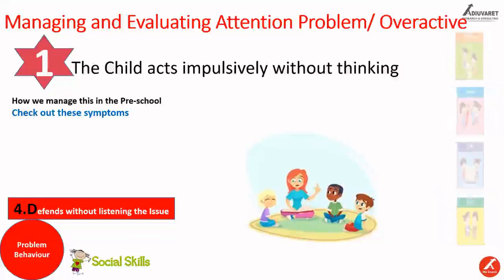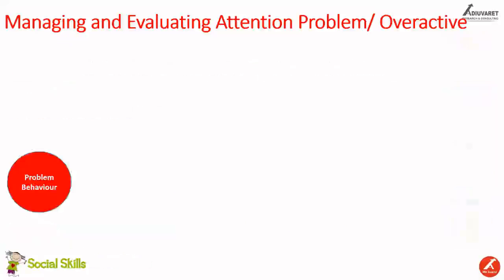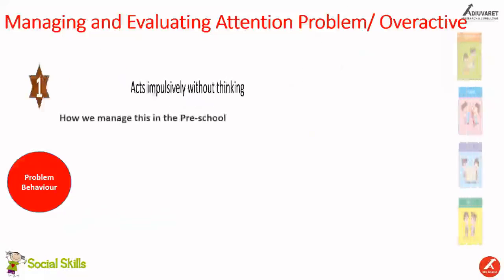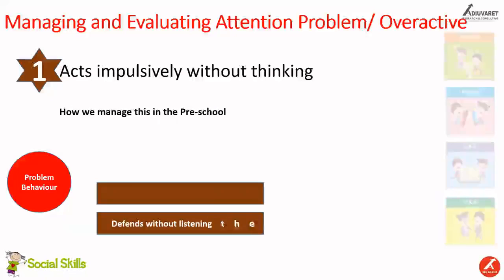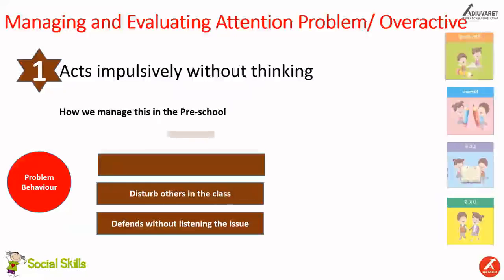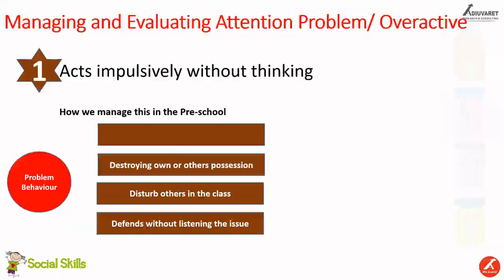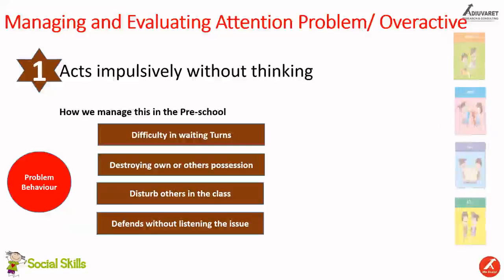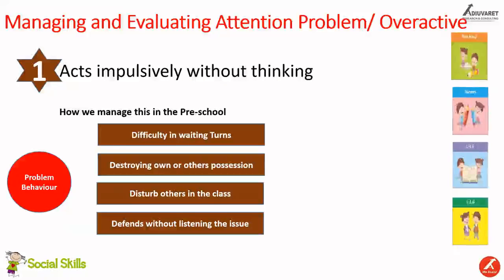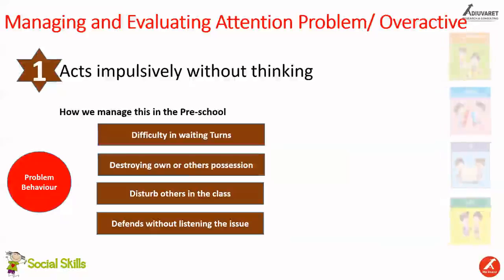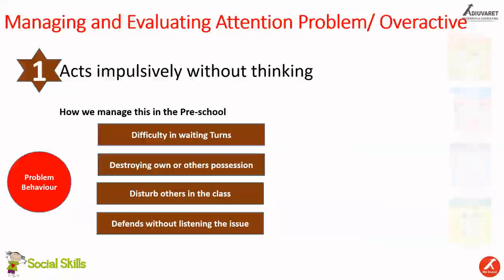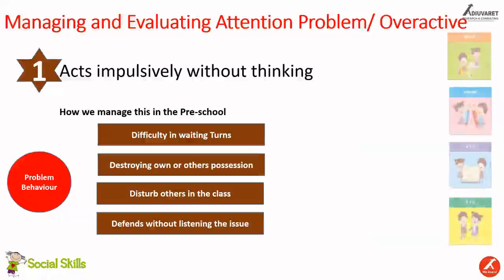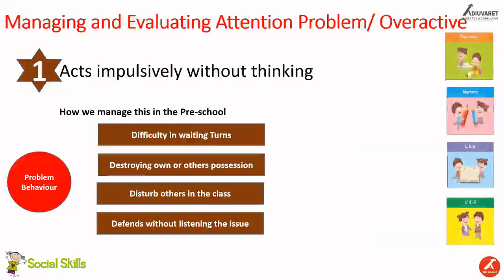And if such 4 Ds are present in any of the children, then we have to be very, very careful and make sure that we have techniques that will take care of such behavior among the children. Now, what do we need to do in the school to take care of such issues if they are present in some of the children?